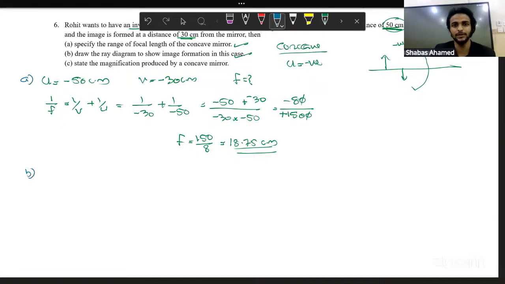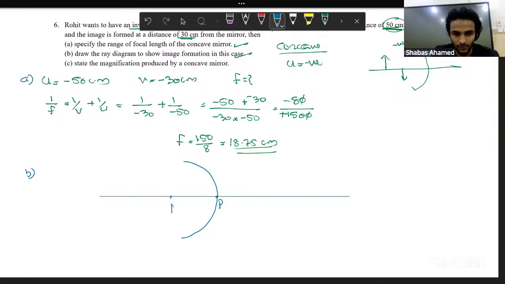For question number B, let's draw a concave mirror first. And this is the principal axis, this is the pole, this is the focus, and this will be the center. Okay, this is a concave mirror, and here the focal length we got as 18.75.